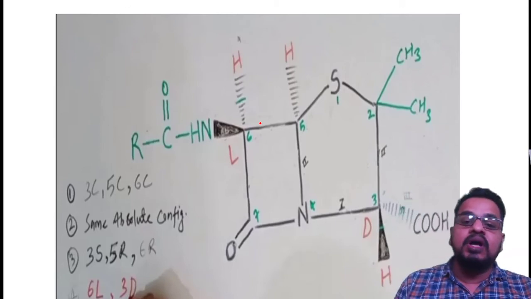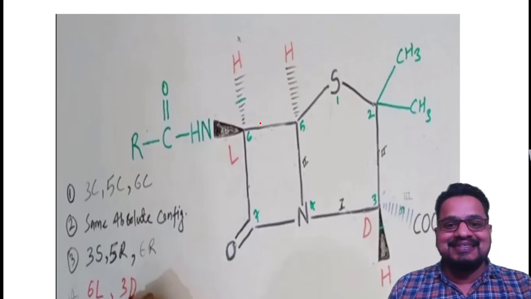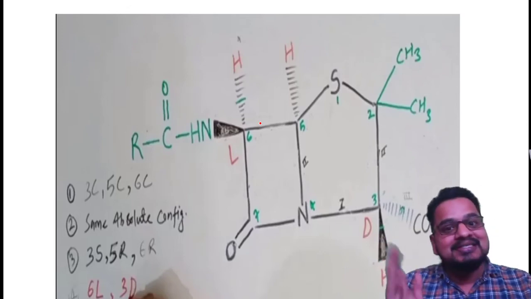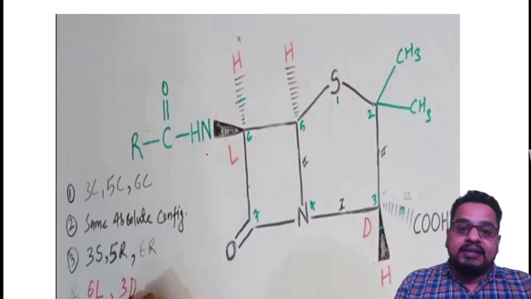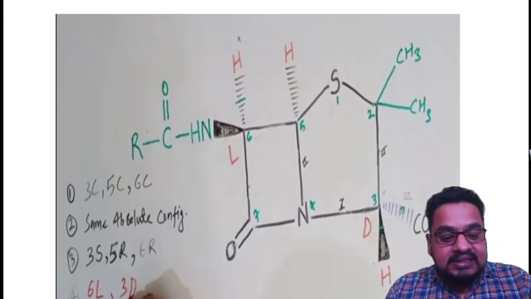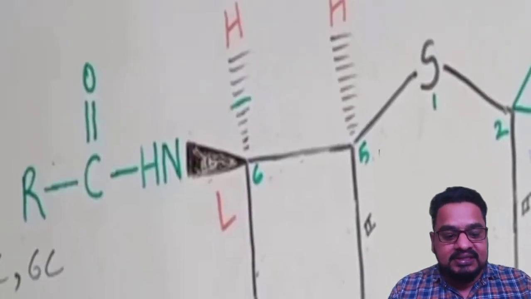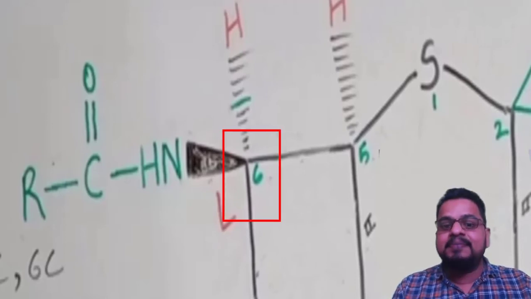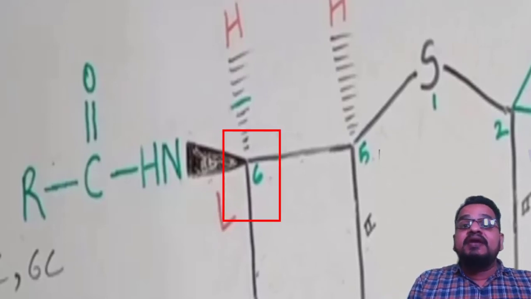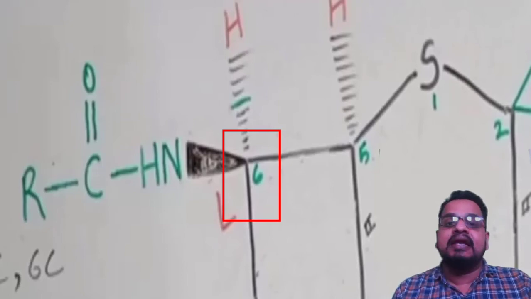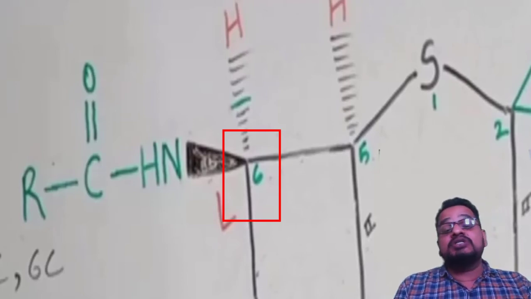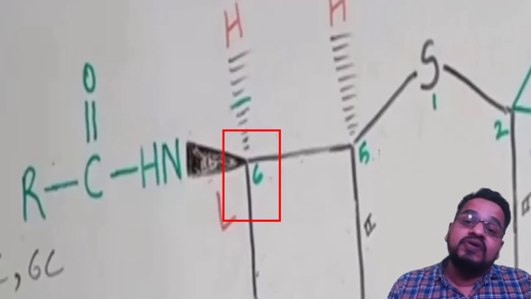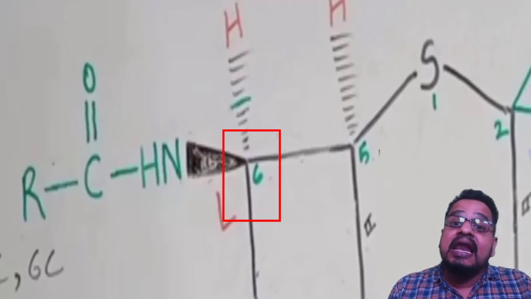Got it? So L and D, these are relative to glyceraldehyde. Got it? Now check this sixth carbon atom. This sixth carbon atom is having the L relative configuration. या 6 नंबरचा जो कार्बन आहे त्याचं जे relative configuration आहे that is the L configuration.